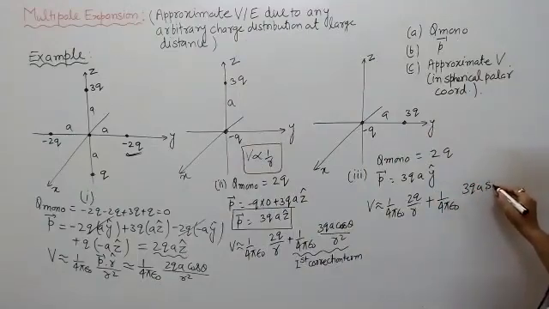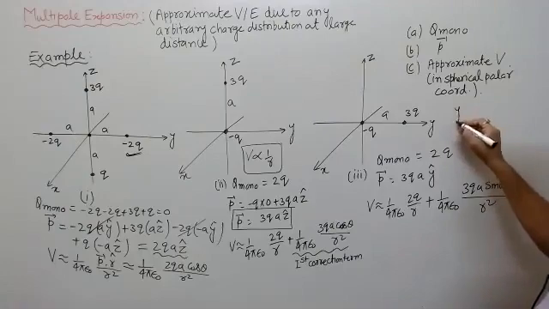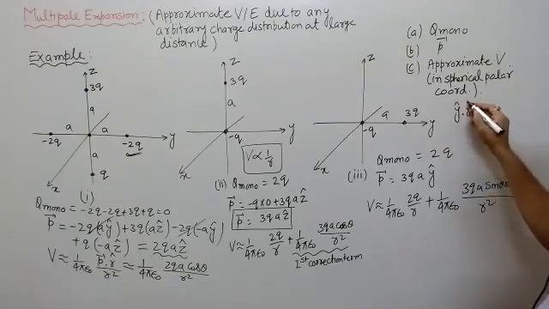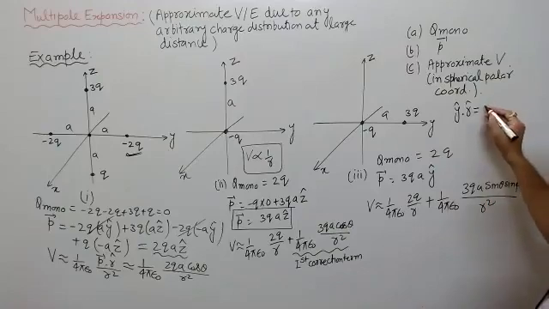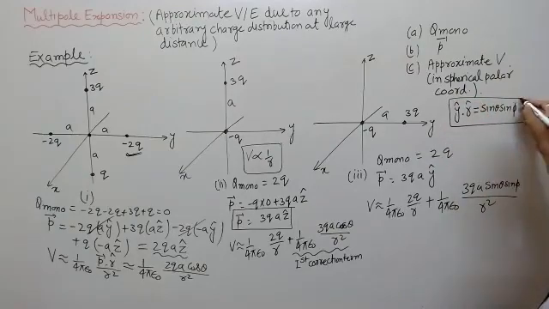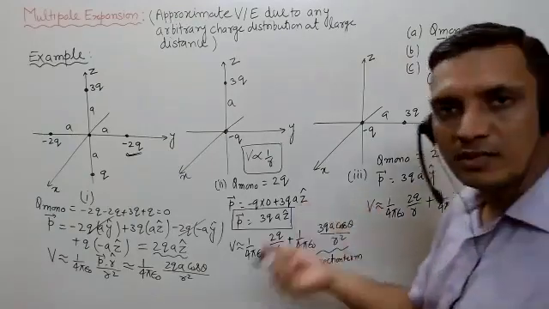That is sine theta sine phi by small r square, y dot r cap in spherical symmetry. So that will be sine theta sine phi. You know z dot r cap is cos theta.